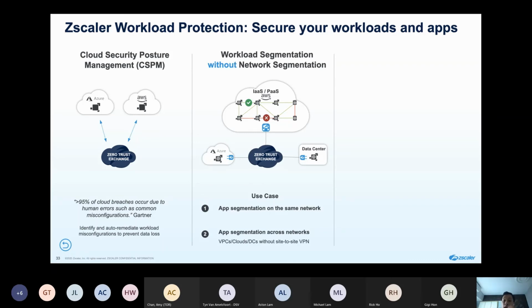So even without a network revamp or segregating your network resources, you can still achieve network segmentation and even go further to micro segmentation. We call it app segmentation.